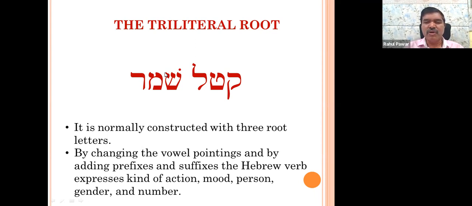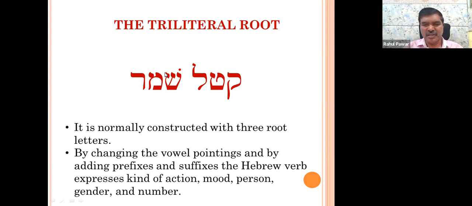Now, by changing the vowel pointing and by adding prefixes and suffixes, the Hebrew verb expresses kind of action, mood, person, gender, and number. For example, shamarti. If I add to the last letter tav, hirik yod, that means I kept. Shamarti is I kept.